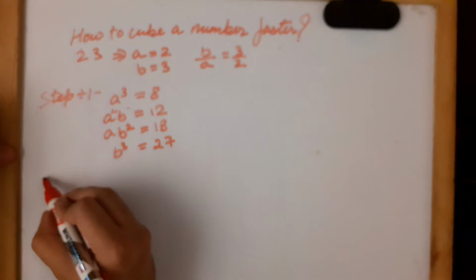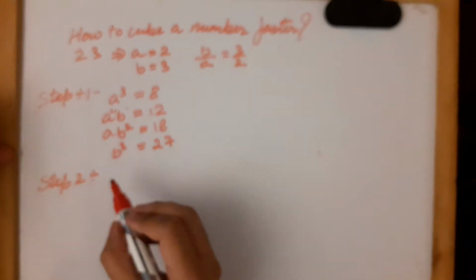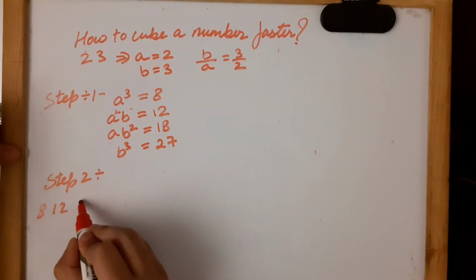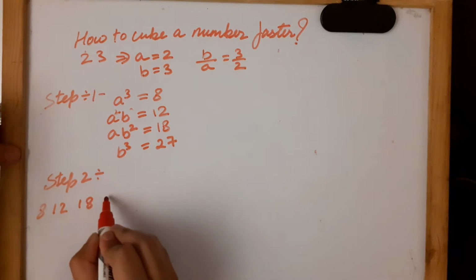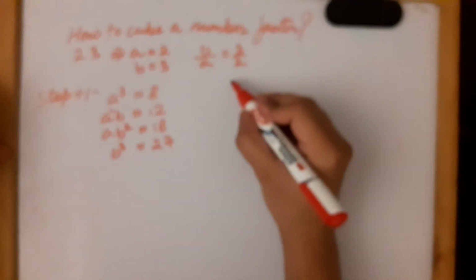Now step 1 is done. Now step 2, write 8, 12, 18 and 27. Okay, I'm writing step 2 here.